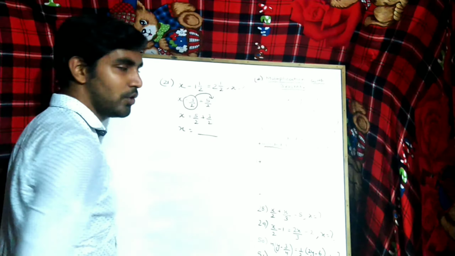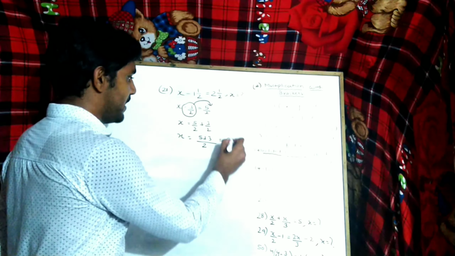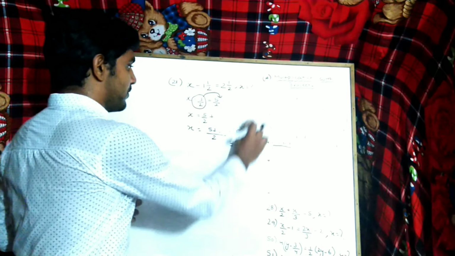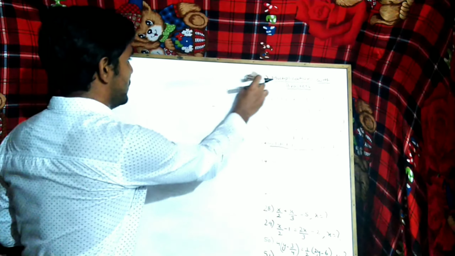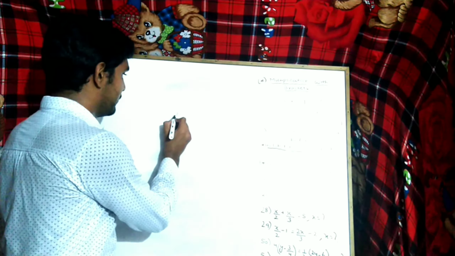So 5 plus 3 is equal to 8 by 2. It comes 4. Clear? Very simple problem, but you have to practice. Okay. Now come to the 28th problem.